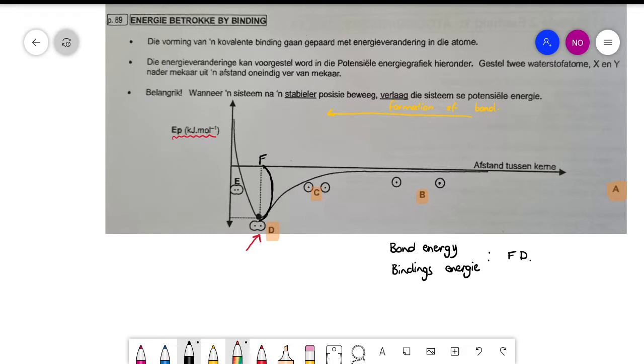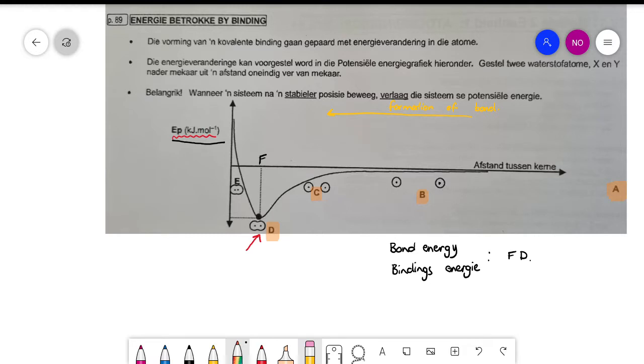This could have been A, B, C, D, whatever, but it doesn't matter. And I give you a sketch and I ask you, please tell me which part of the graph represents the bond energy. Then it's going to be this. You read it off on the y-axis. Hoekom? Want energie is hier op die y-as. Okay, so jy lees hom so af.